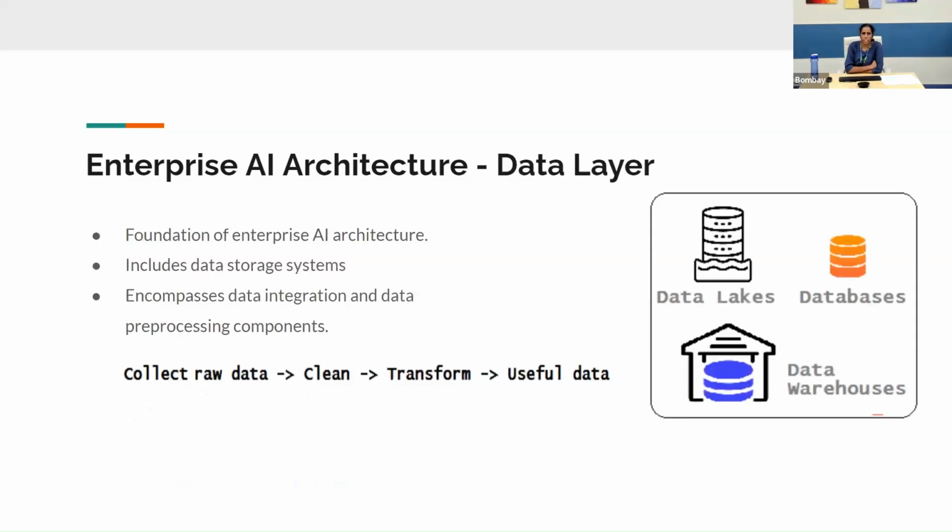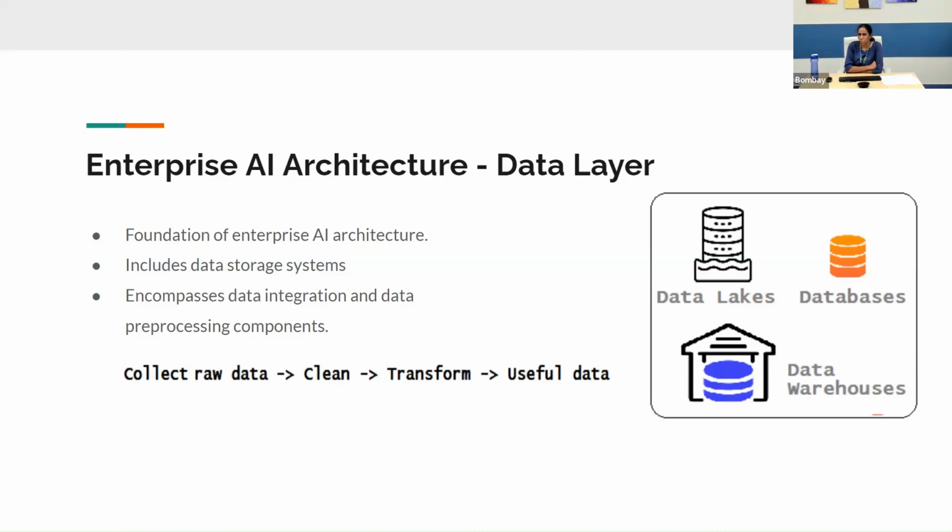The data layer is actually the foundation of any enterprise AI architecture. It includes data storage systems like databases, data lakes, and data warehouses. Databases store structured information.